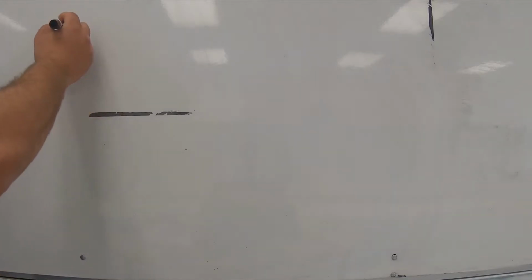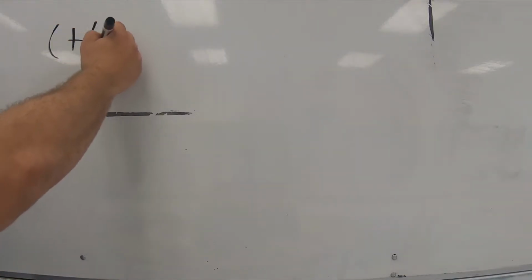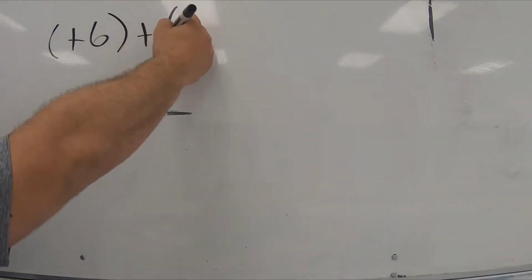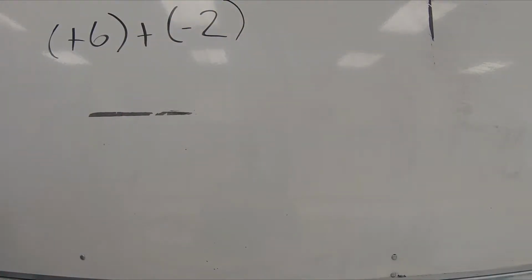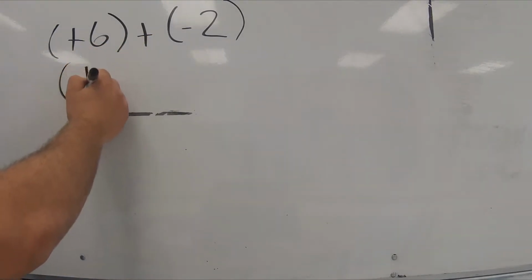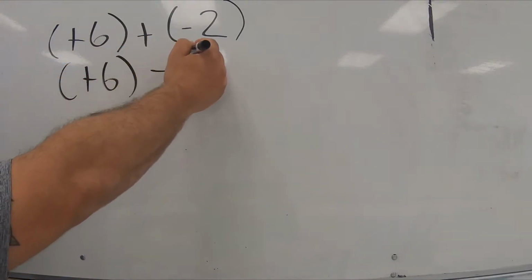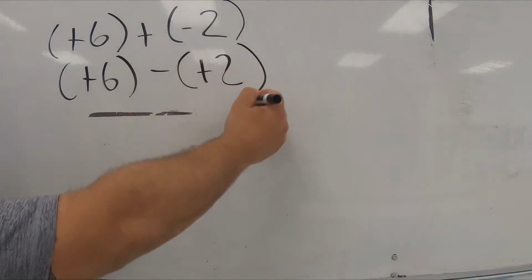Now, with adding integers, you would have noticed something, and it's also a rule, but I didn't need to tell you it was a rule because most of you figured it out on your own. And that is, if you are adding a negative, it's the same thing as taking away a positive, right? So for example, this can also be written as positive 6 take away positive 2.